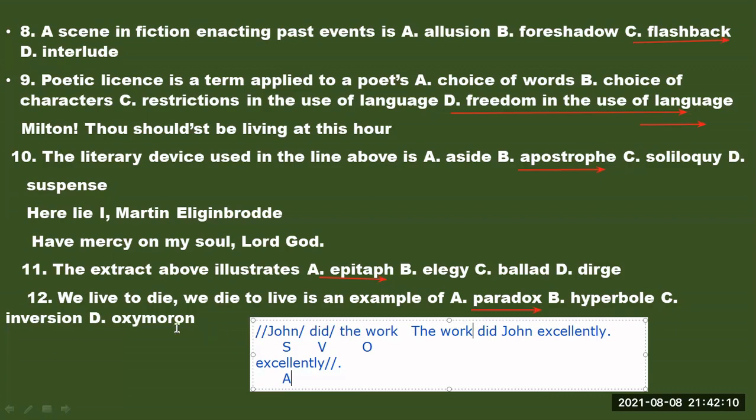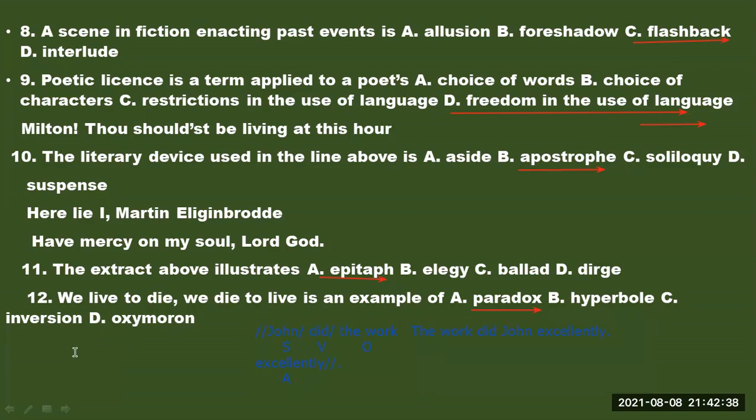And then the option D is oxymoron. Oxymoron resembles a paradox because oxymoron is placing two opposite ideas side by side. But in most cases, the difference between a paradox and an oxymoron is that whereas a paradox is a statement, oxymoron is usually a phrase.